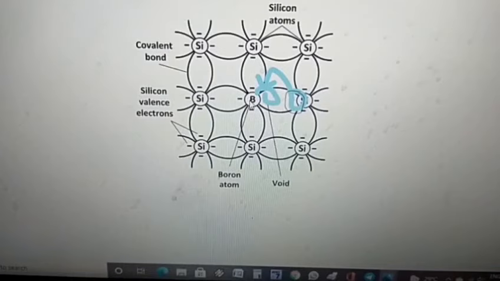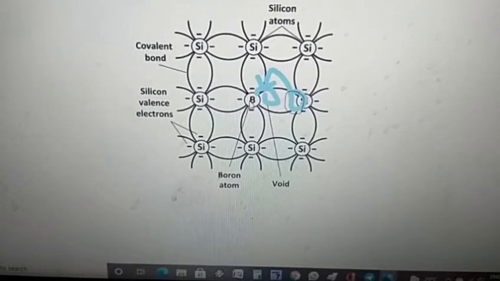In the same manner, NPN or PNP transistors will be used to detect or amplify radio or audio signals. The solar cell is an efficient photodiode which is used for conversion of light energy into electrical energy. So these are some of the uses of semiconductors.